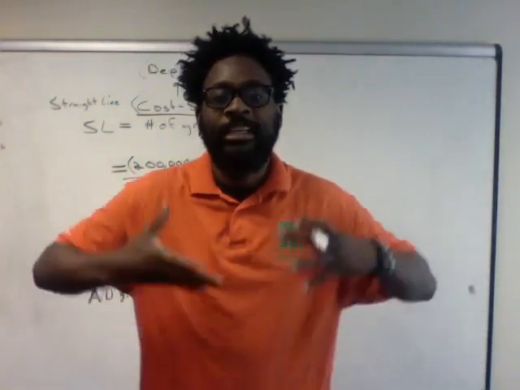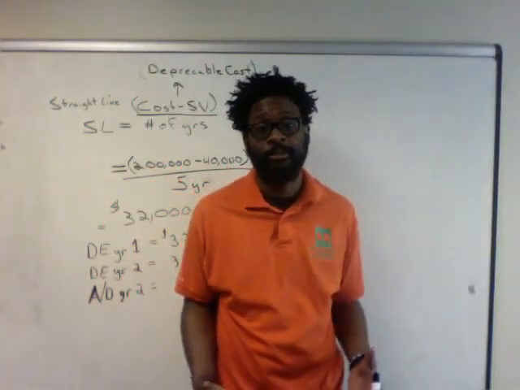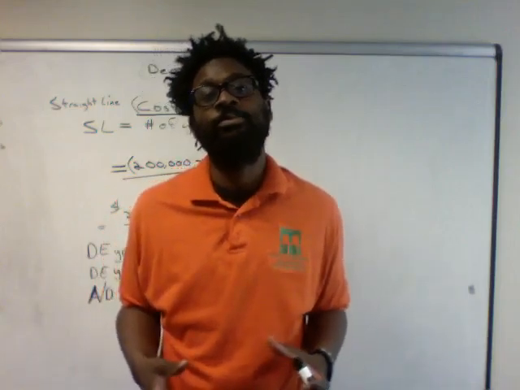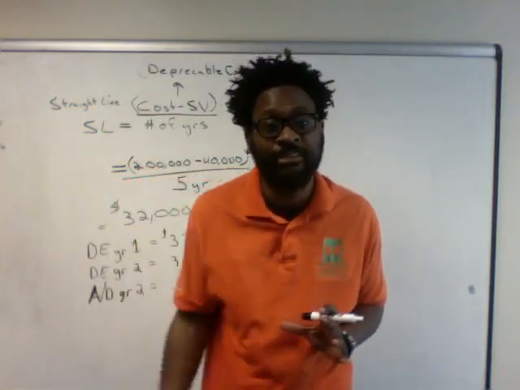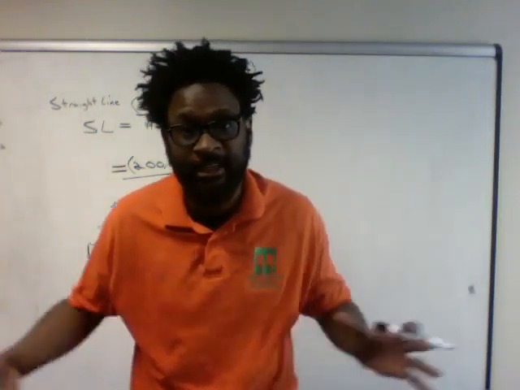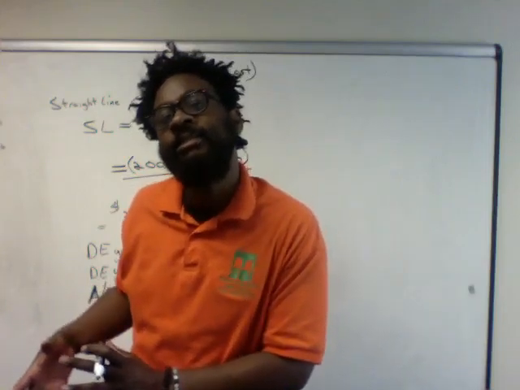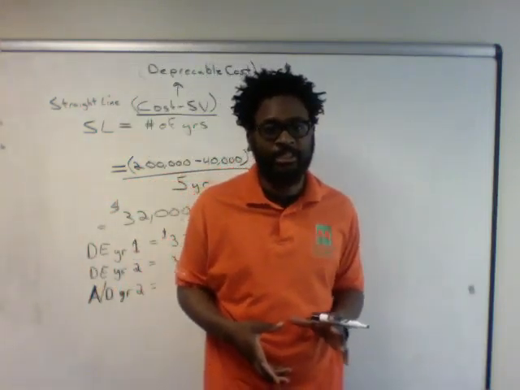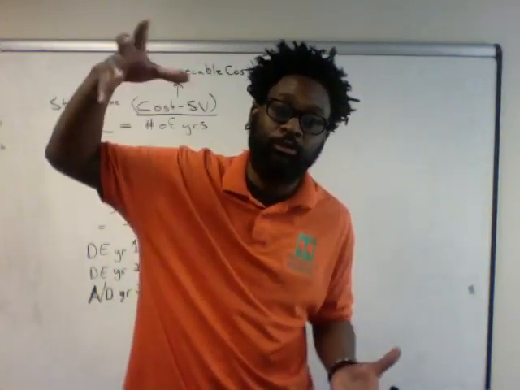To grow, to gather, to collect, to expand. That's what accumulate means pretty much. And so basically accumulated depreciation is the account that takes all the depreciation expense for the life of the asset and it accumulates it. So each year that you're depreciating the asset, your accumulated depreciation account should do what? Accumulate. It should expand. It should grow.